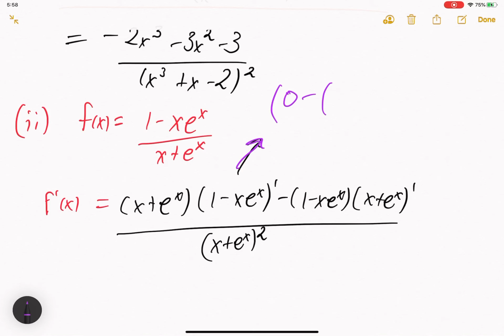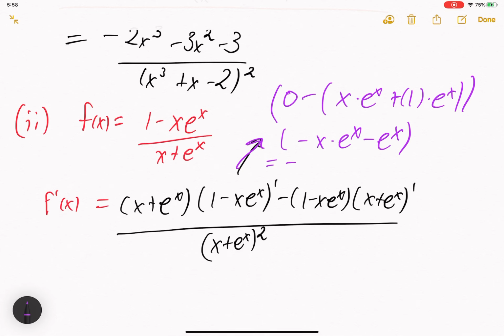So we keep x the same, so x times the derivative of e to the x, so e to the x, plus the derivative of the other one now, so derivative of x, just 1, times e to the x. And then what we get in the end is just negative x times e to the x minus e to the x. Or if you want to pull out the negative, that's the same thing as negative of x e to the x plus e to the x.